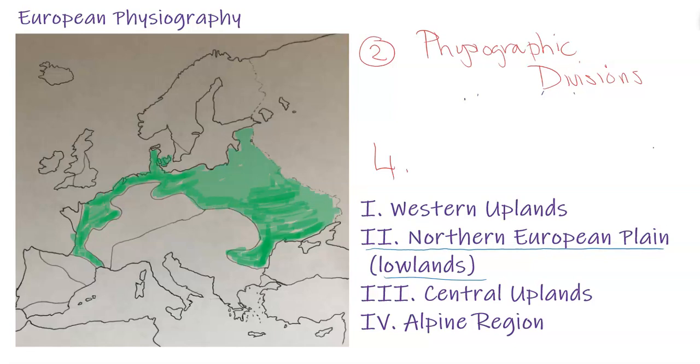There we go, and up to here. Now, it extends this way, and this way, and this way. However, with this map I just want to show you purely Europe and not really include much of the Russian part of Europe. Okay, so this area is generally very flat, with rolling hills, and obviously very good for farming.